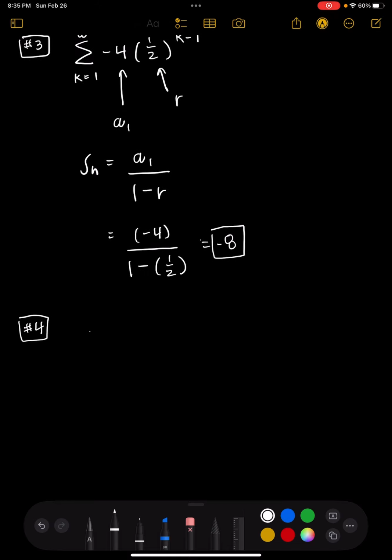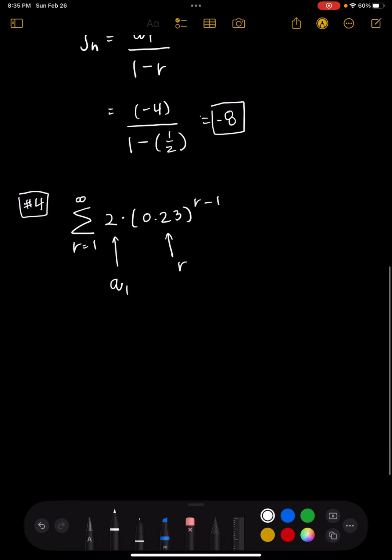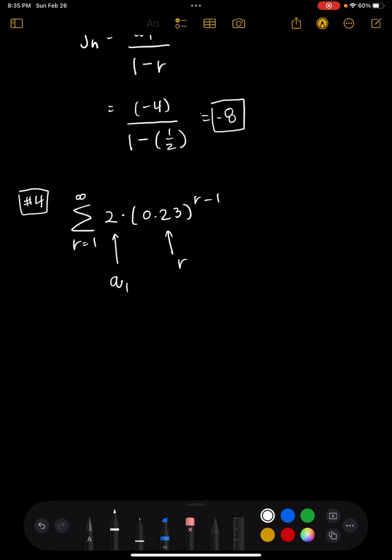k equals 1 to infinity, 2 times 0.23 to the power of k minus 1. We're going to use that trick again. So that first number outside of the parentheses is A sub 1. Inside is your R. We're going to check the R is between -1 and +1. Yes, it is.